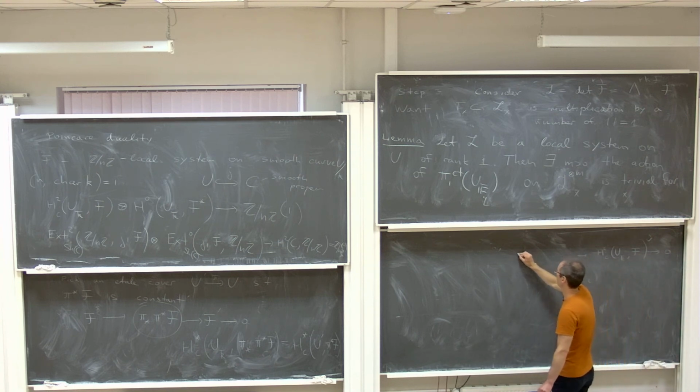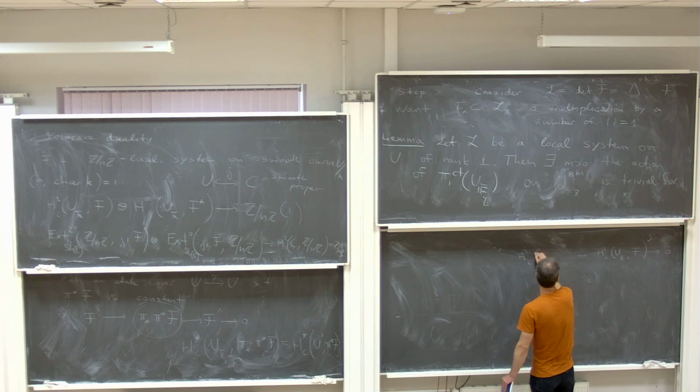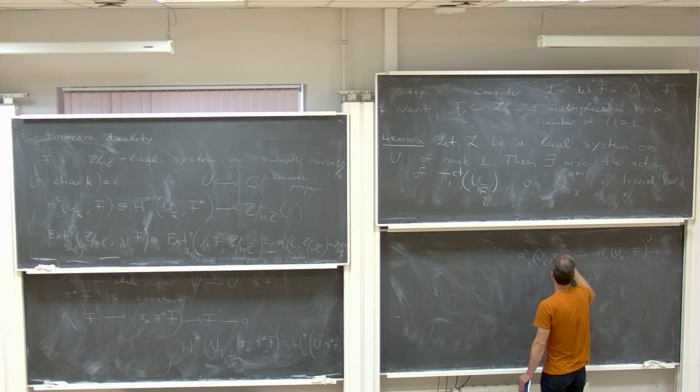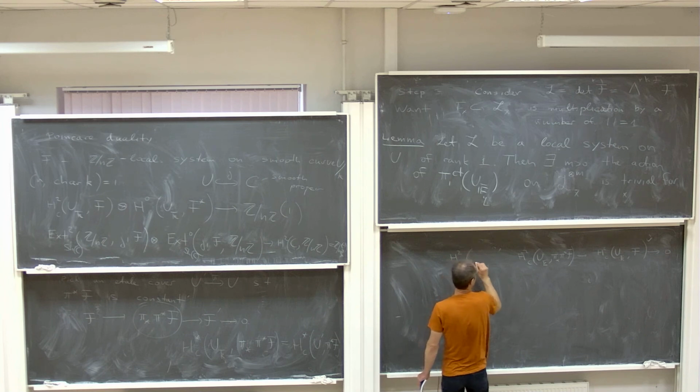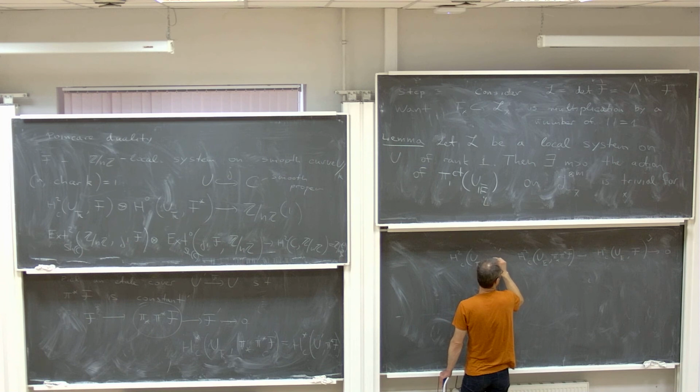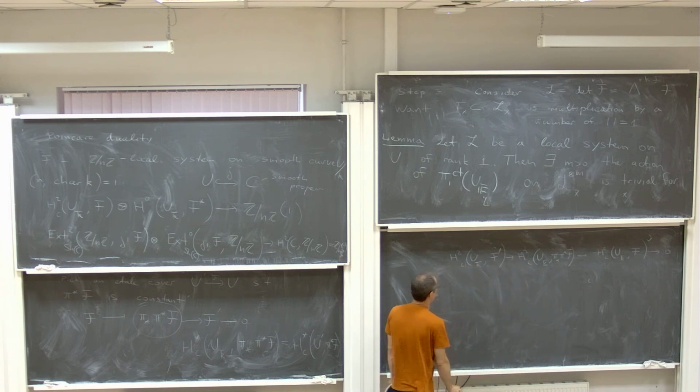Then I have H^2 with compact support of U_k̄ with coefficients in this, and H^2 with compact support of U_k̄ with coefficients in F'. Right? So where does it come from?